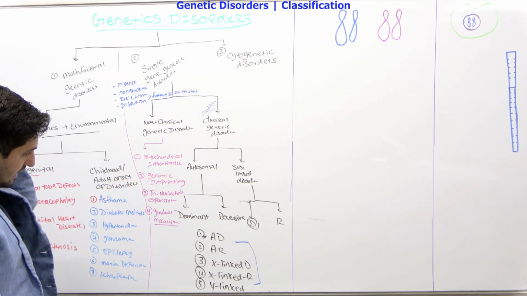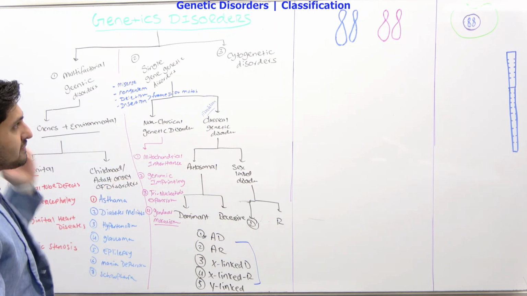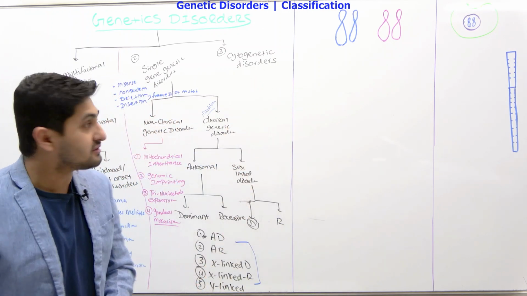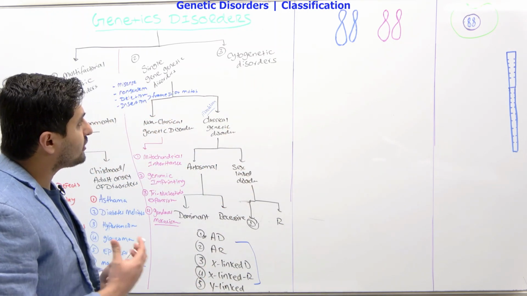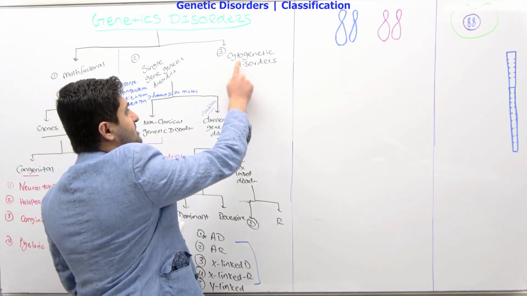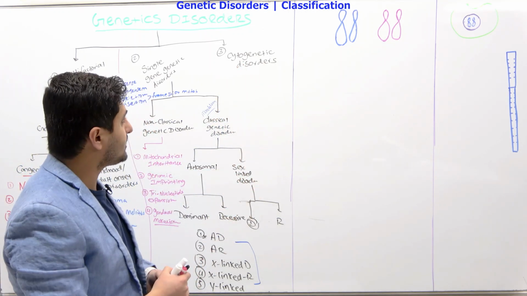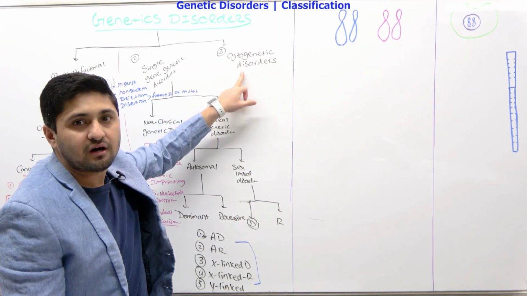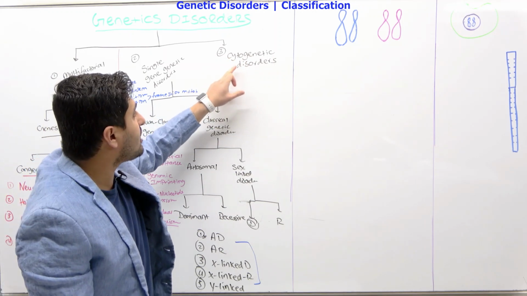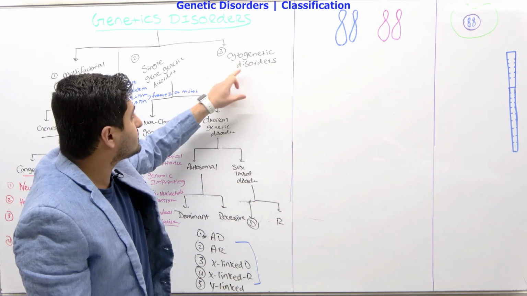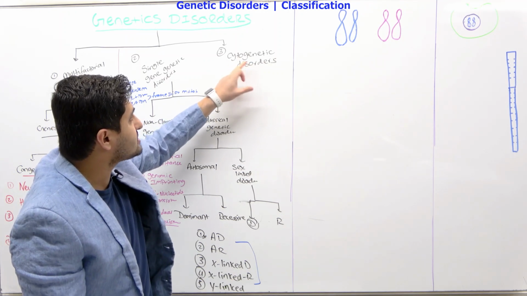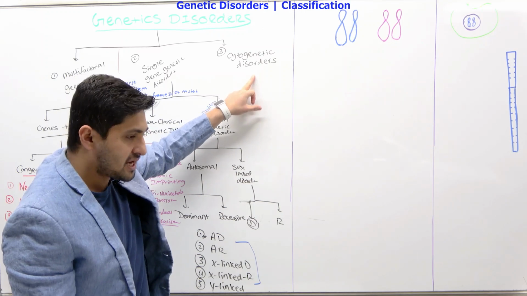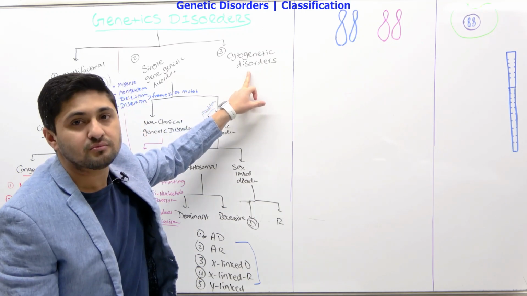Now, after this, let's talk about the disorders that come in: the cytogenetic disorders. Remember, whenever we talk about cytogenetics, or cell genetics, it's basically the study of cells. Whenever we talk about a cytogenetic study, one more thing you have to remember is that we're basically studying the chromosomes.